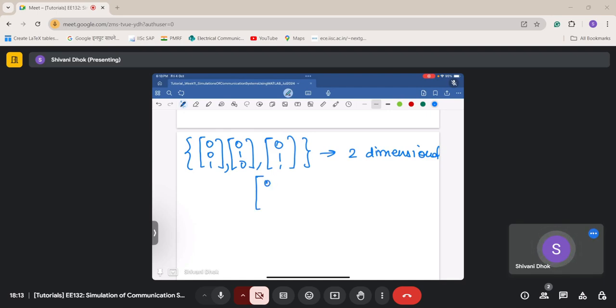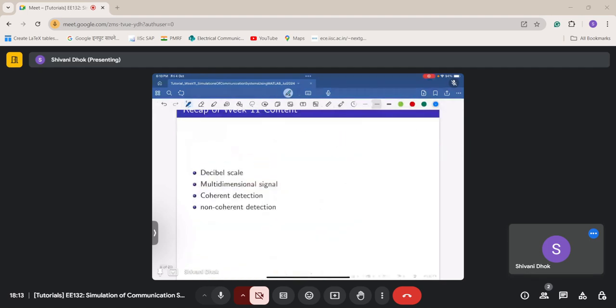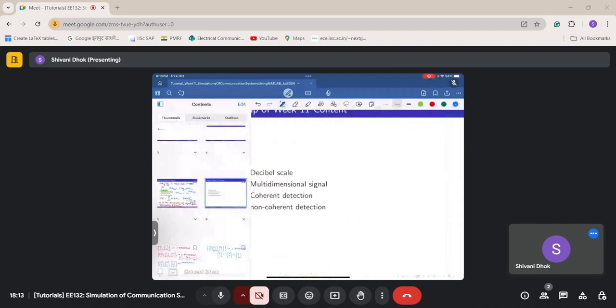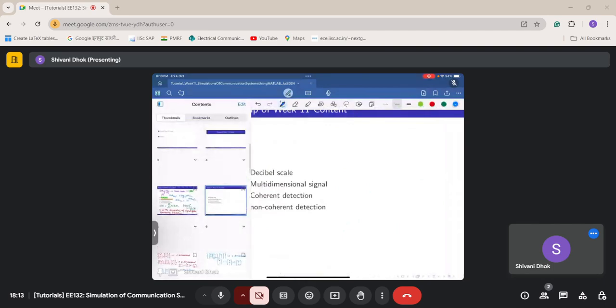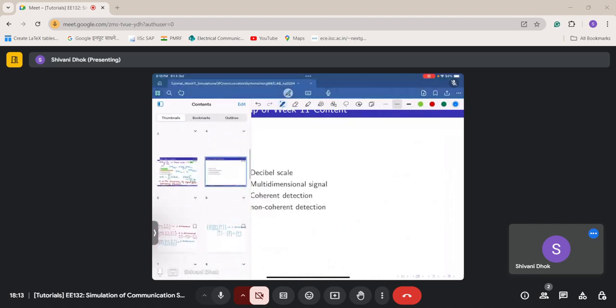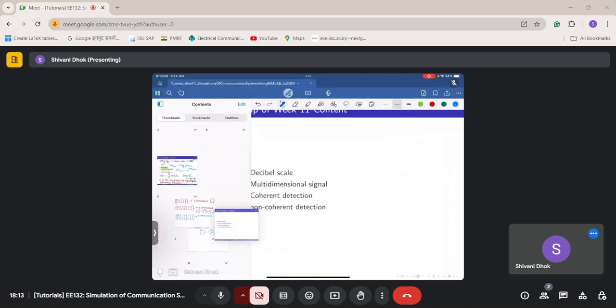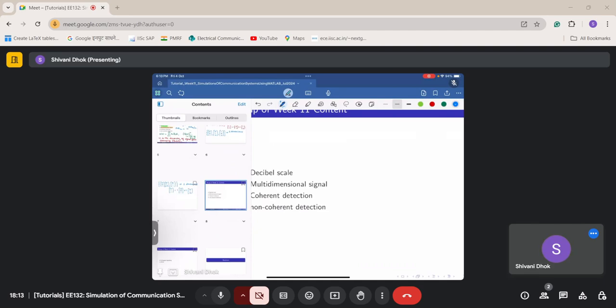Because we can write 0, 1, 1 as 1 into 0, 0, 1 plus 1 into 0, 1, 0.